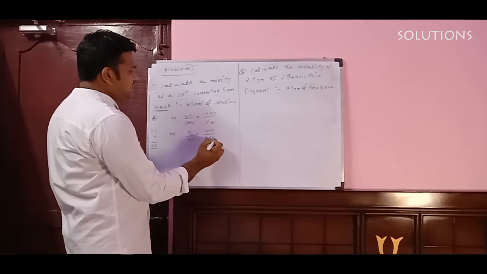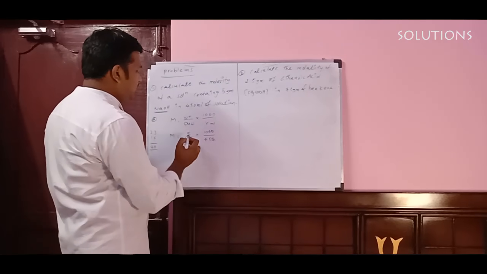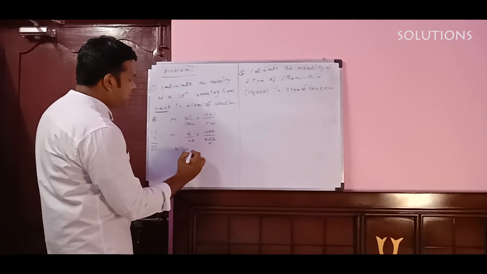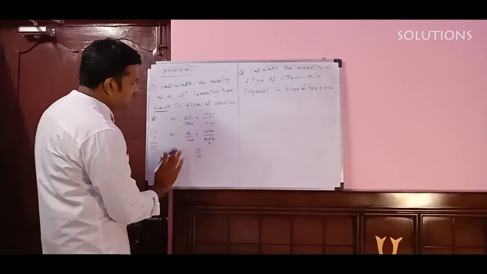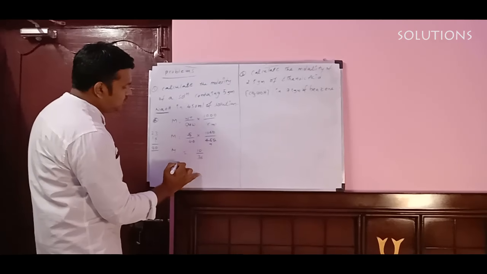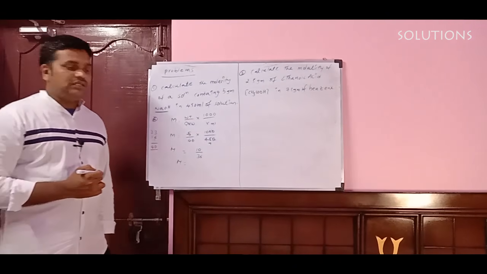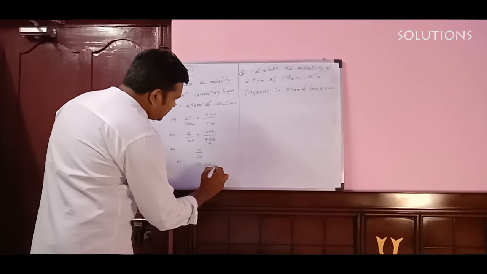Now we simplify this. You can cancel the zeros here. 5 nines are 45. Then molarity is equal to 10 by 36. The value of 10 by 36 is 0.277.